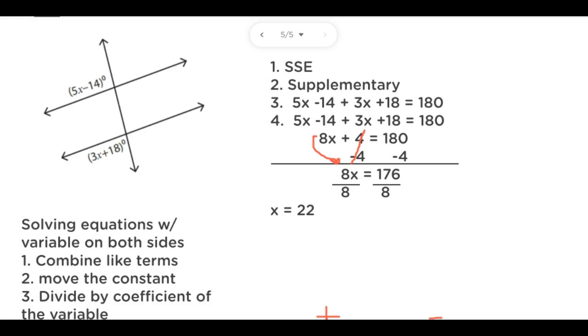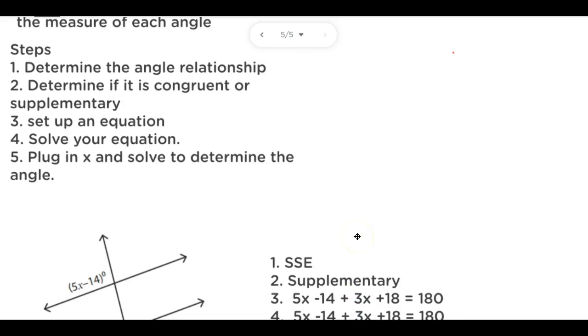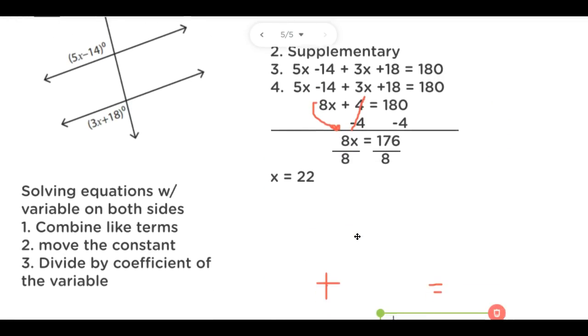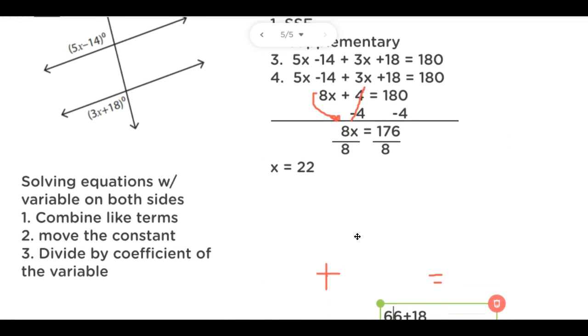All right, we have successfully found x. Now the fifth step, if you remember, is to plug x in and determine the angle. So that's what we want to do. We want to plug in x and determine the angle. Y'all excuse my scraggly notes I got right here. Let's just erase this. So what does this look like?